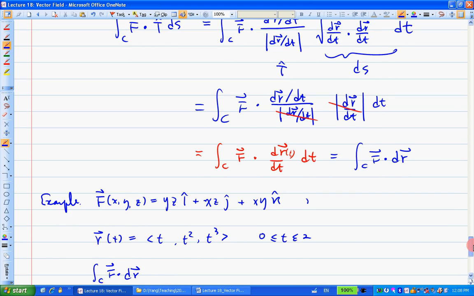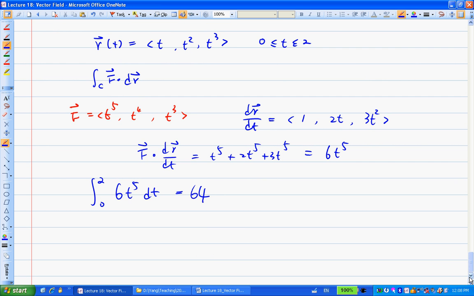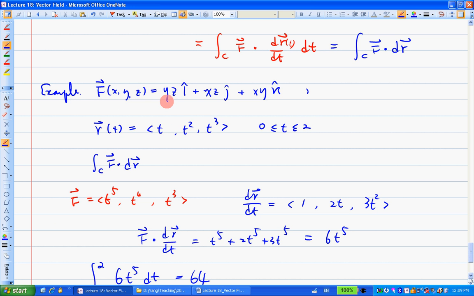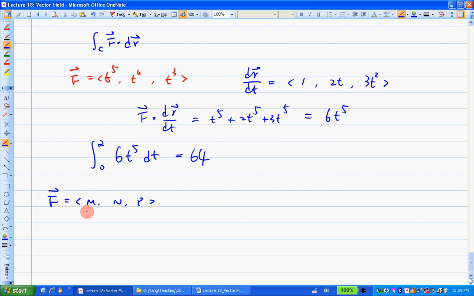Now, here's one way of calculating this. There's a slight variation of the formula. Because this f equals M, N, P. This is your vector field f, and in 3D space it has three components M, N, and P. Then if I plug in this dr, where x of t, y of t, and z of t, into the vector line integral equation, let's see what happens.